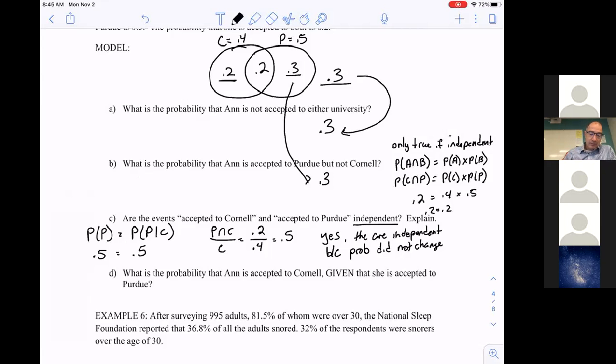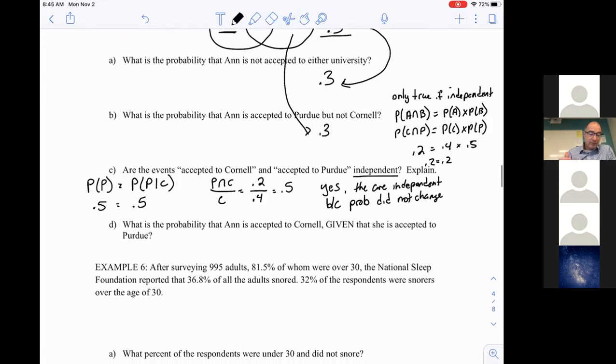What is the probability that Anne is accepted to Cornell given that she is accepted to Purdue? It says given she's accepted to Purdue, so that is the condition. She was accepted to Purdue. What's the likelihood she's accepted to Cornell?